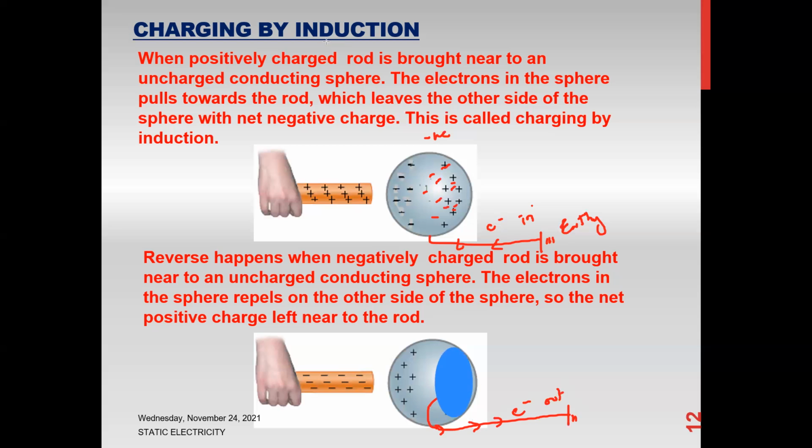As a result, this will be net positive. So it depends on what charged rod we bring closer to a metal sphere. If we bring a positive charged rod and connect an earthing wire, overall it will be negative. If we bring a negative charged rod near it, overall at the end it will be positive.